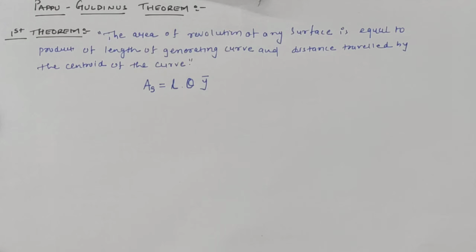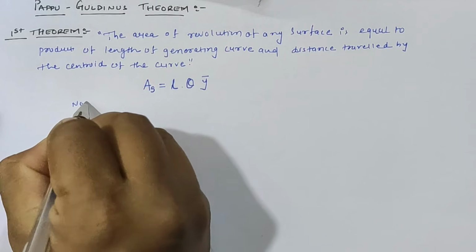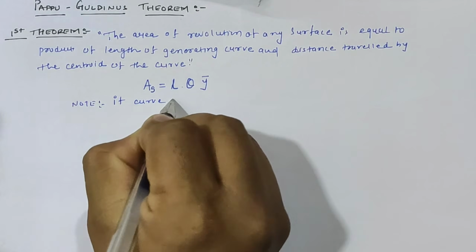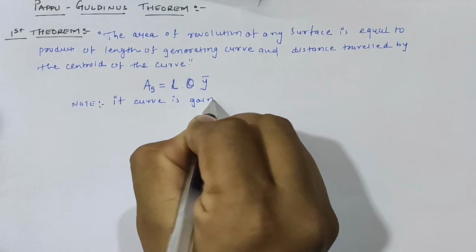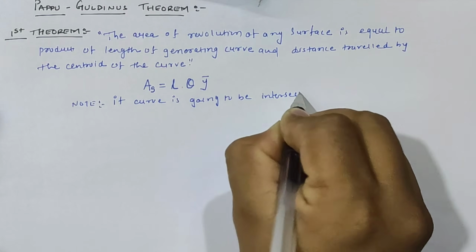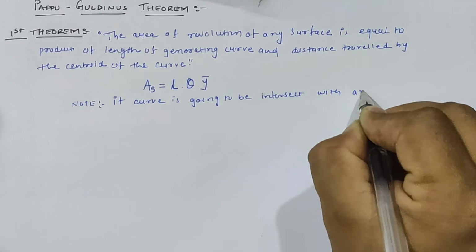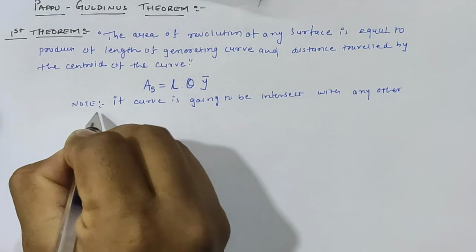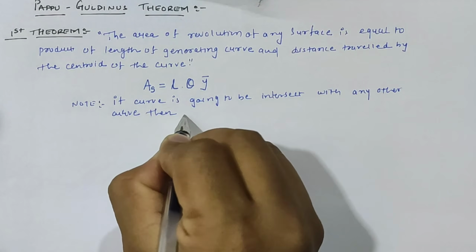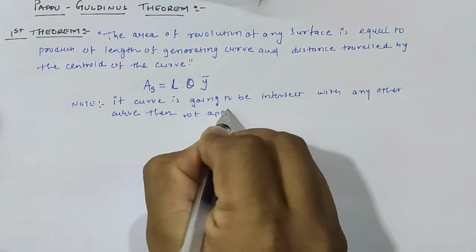So the theorem may be applied to the curve only if it is generating the surface area with the revolution, but not if the curve is going to intersect with any other curve, then theorem 1 is not applicable.